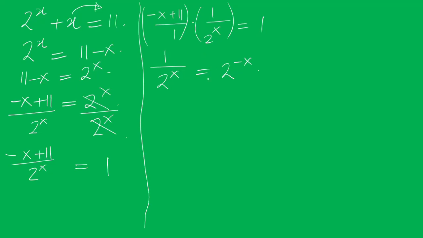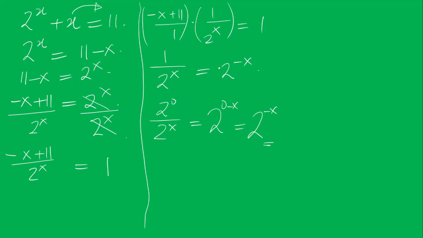To explain this further, 1 is the same thing as 2 to the power 0, because anything raised to the power 0 is 1, all over 2 to the power x. According to the law of indices, when dividing two values you subtract the powers. So you say 0 minus x, which is the same thing as 2 to the power minus x.